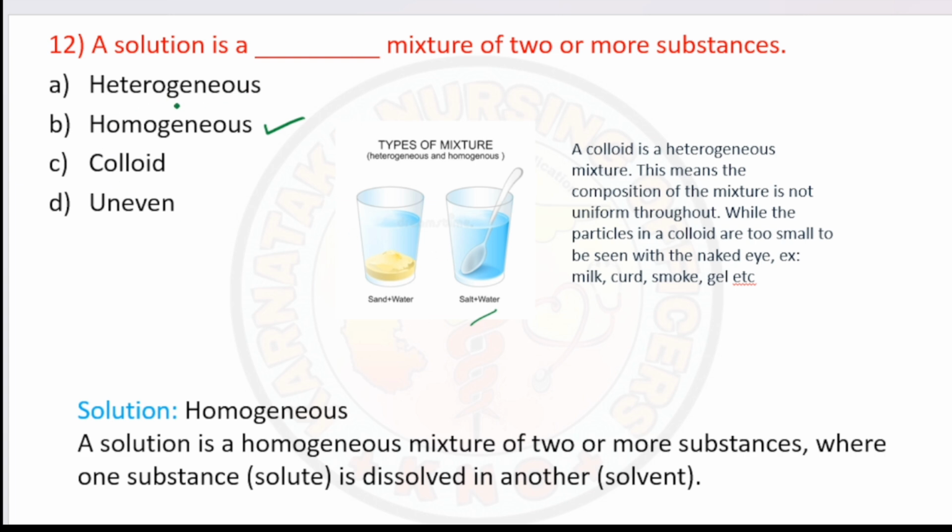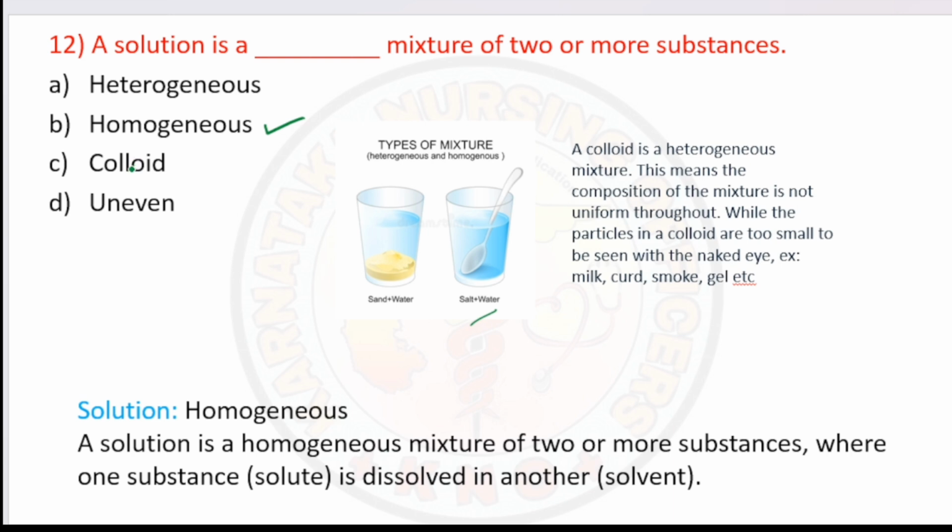And what is heterogeneous? In a heterogeneous mixture, we can differentiate the solute and solvent. For example, sand water. So here sand is collected below in this glass of water, right? We can differentiate sand and water separately. So this is called a heterogeneous mixture.